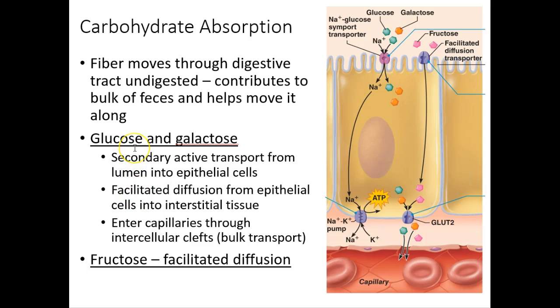So glucose and galactose sometimes are needed because we're going to move bulk amounts of it through, and we're going to use secondary active transport in the lumen, and that's going to facilitate diffusion through the epithelial cells and sort of dump them into the bloodstream a little faster. But usually fructose is the only one that we'll do, or one of the few that we're going to do just facilitated diffusion. Everything else is going to use some sort of secondary mechanism.